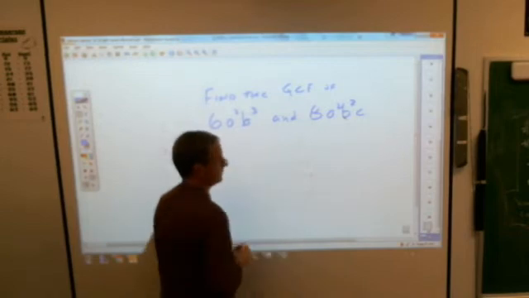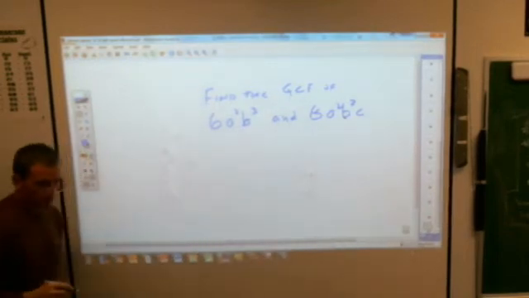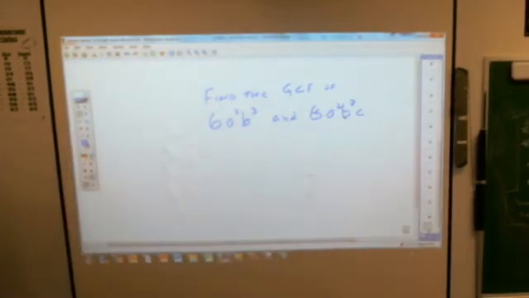Anybody want to jump on board what the greatest common factor of those two expressions would be? It would be much more helpful if you just stare at it and look quizzically at it. Emma Miller was going to say what? A squared.